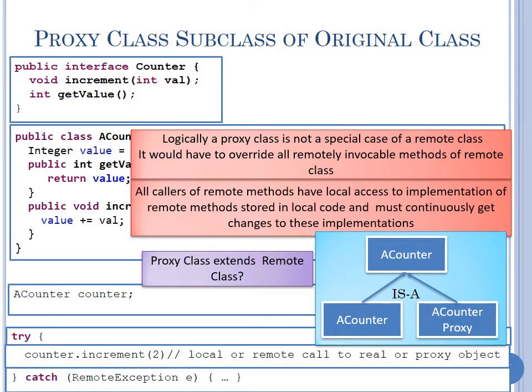So another problem that occurs from a practical point of view, forget a purist point of view, is that all callers of remote methods have access to the implementation of the remote methods. So we may not want that for security reasons. There might be a remote object that has proprietary code and it wants other clients to go and use that code. So we don't want that to happen.